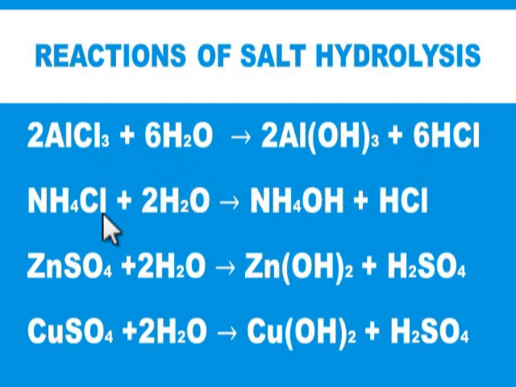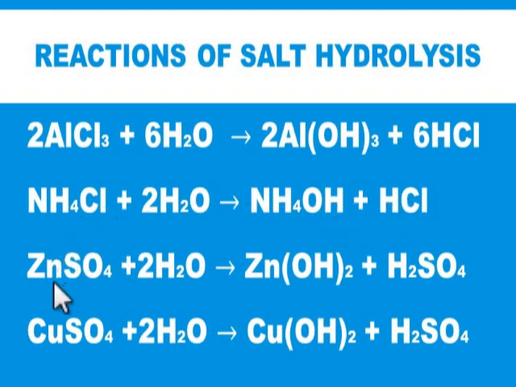Okay. Another example is the reaction of ammonium chloride with water to give you ammonium hydroxide and hydrogen chloride. So ammonium chloride is a salt, while water is the hydrolyzing agent, and then ammonium hydroxide is a base and hydrogen chloride is an acid.